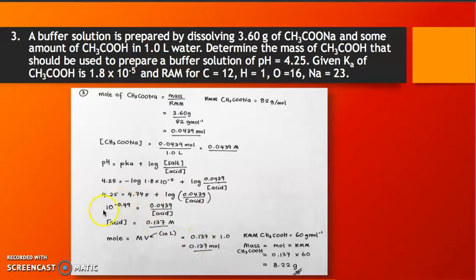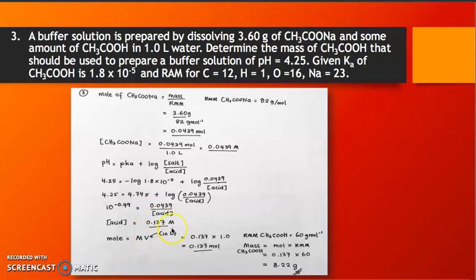You take the anti-log of negative 0.495, and you get the concentration equal to 0.137 molar. Convert the concentration to mole, meaning mole is equal to molarity multiplied by volume.